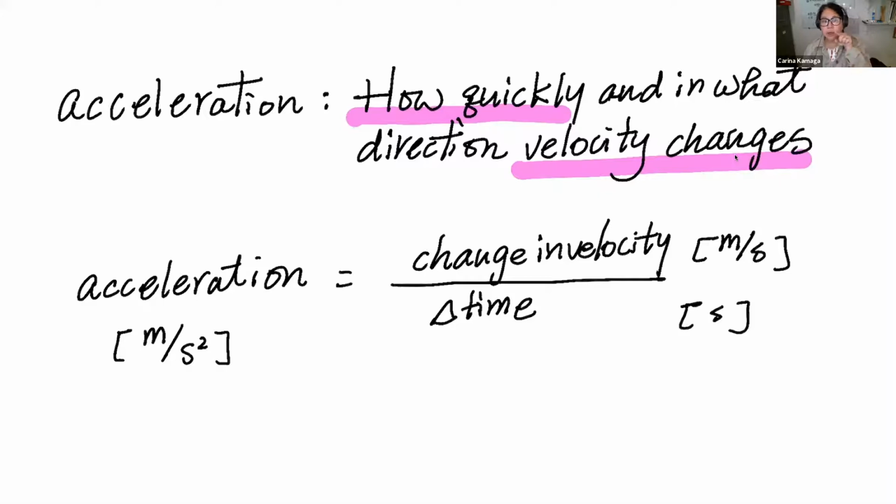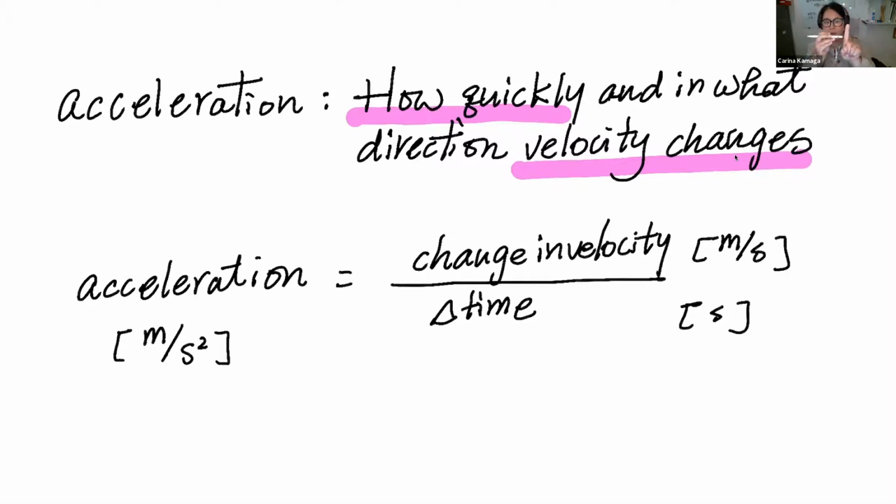Because the acceleration can actually be in the same direction. How about if the 10 centimeter per second squared happens in the opposite direction? So the acceleration is in the opposite direction to the motion. Then what happens to the speed and the velocity? You slow down. If it's in the same direction, you speed up.